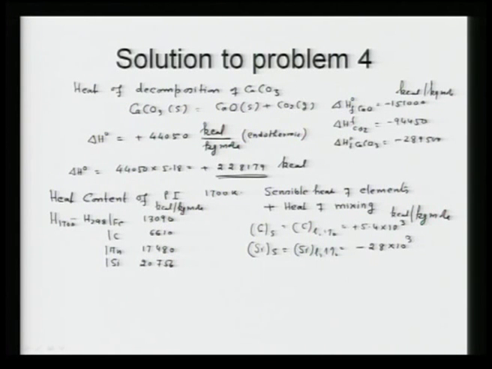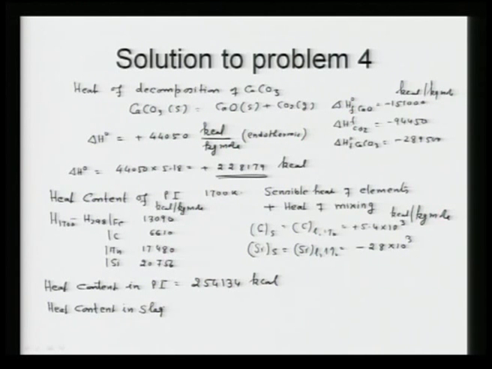If we calculate all, then the heat content in pig iron is equal to 254,134 kilocalorie. Similarly, we have to calculate the heat content in slag.